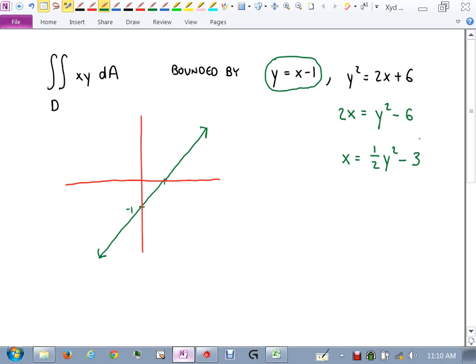And it's been shifted because of the minus 3. It's been shifted which way? To the left 3. So it'll look something like 1, 2, 3. So it'll be something like this. So that's our region in here.